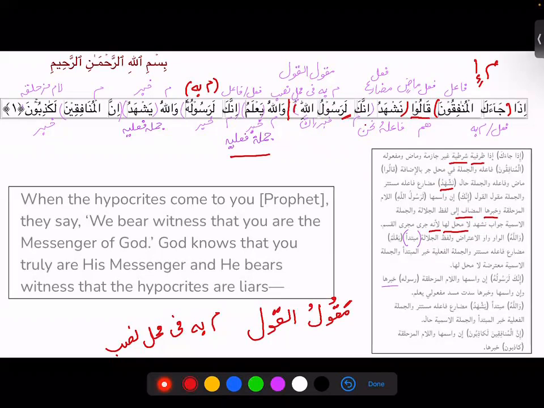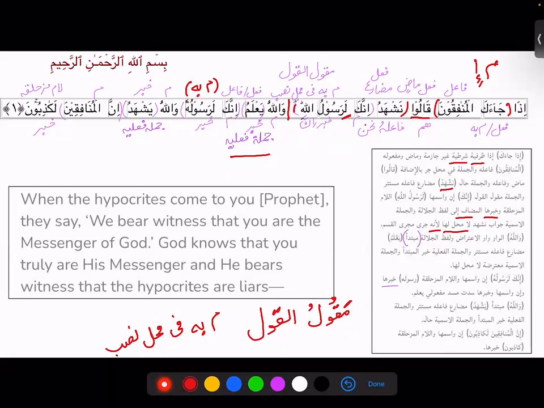He wanna say that because they were taking oath that innaka rasulullahi, right? So Allah subhanahu wa ta'ala wants to give the answer that yashhadu, Allah subhanahu wa ta'ala is testifying innal munafiqina lakazibun. So basically Allah was telling that they are the kazibun, they are lying over here.